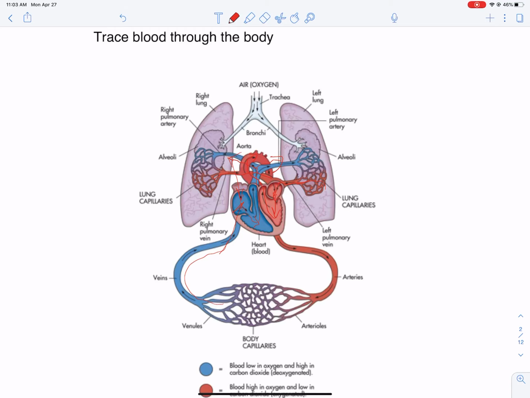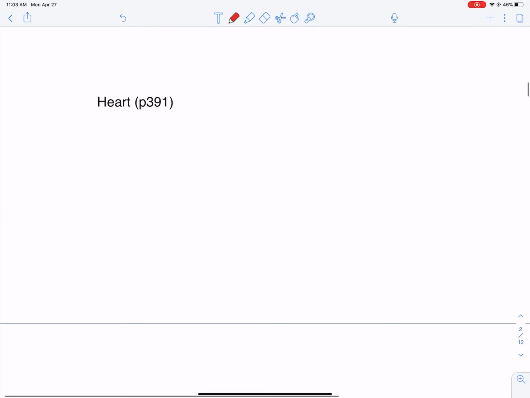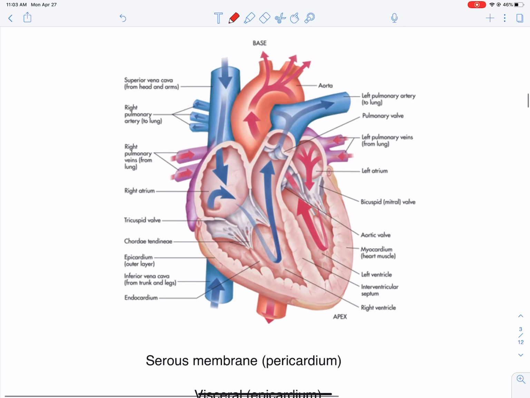If I take a look at just the heart here, an enlarged heart, and look at it a little bit more exactly, this is the superior vena cava, so all the blood basically above your heart is going to come in through there, and the inferior vena cava, all the blood from below your heart is going to come in through that.